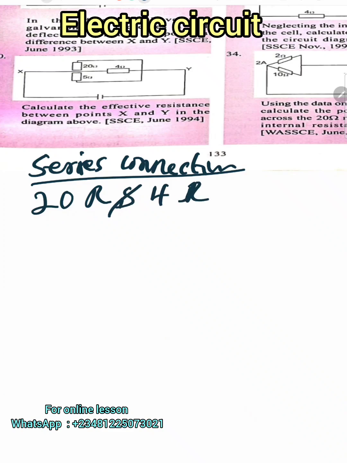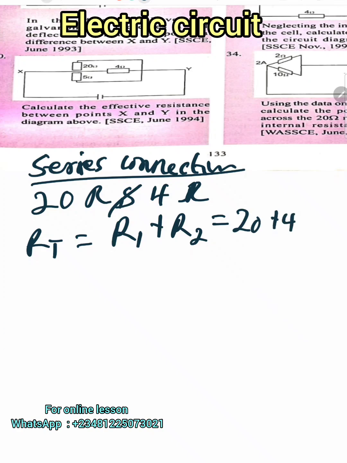For series, your total resistance will be R1 plus R2. Your R1 there is 20, so that's 20 plus 4. Then the R total is now equal to 24 ohms.